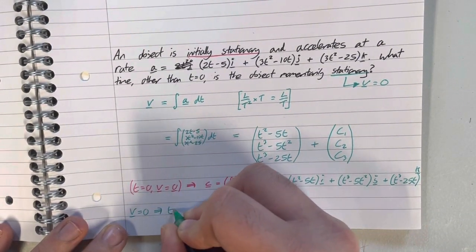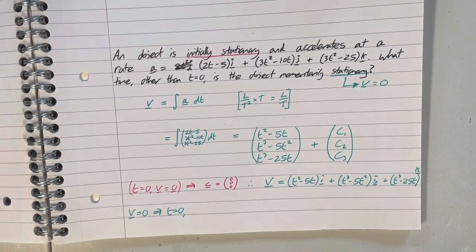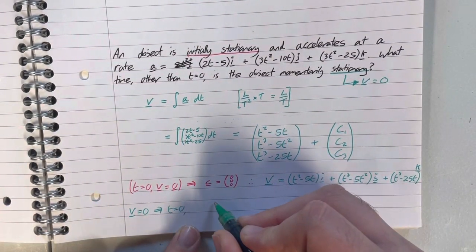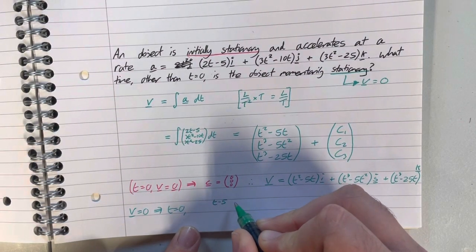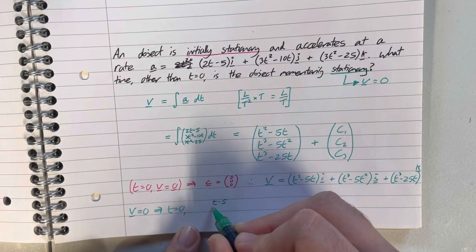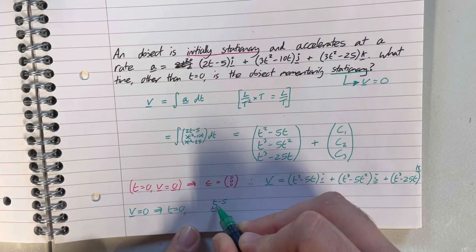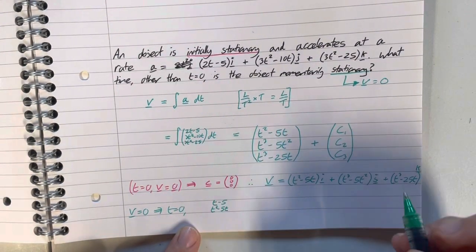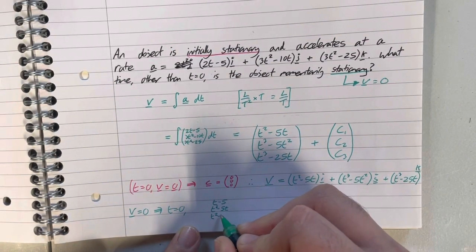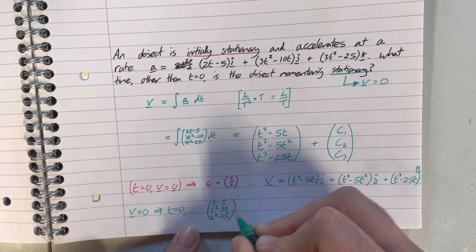Well, we know the velocity is 0 when t is 0 because that was one of the conditions. So we can actually divide by t, and we end up with t minus 5, t squared minus 5t, and t squared minus 25. We want that to equal the 0 vector.